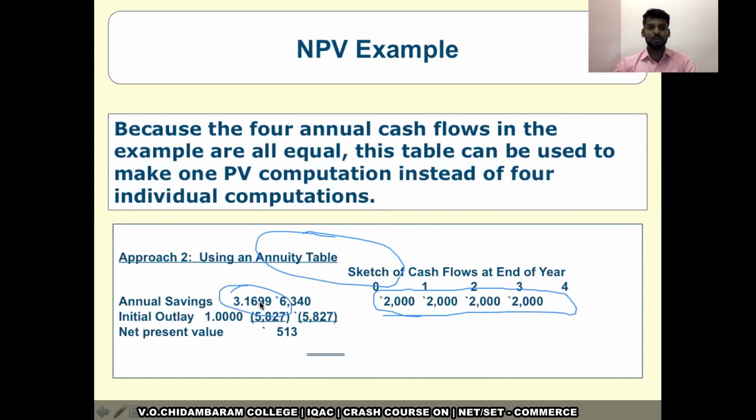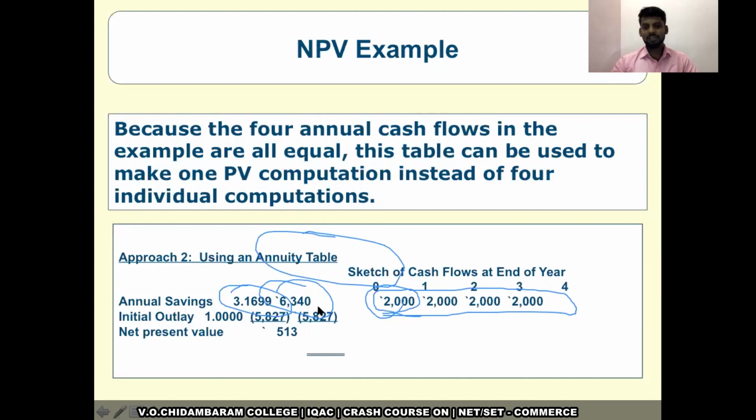3.1699. If you multiply that with your original annual income, where annually you are getting 2000 rupees as cash flow, 3.1699 times 2000 gives you the same amount, 6340.